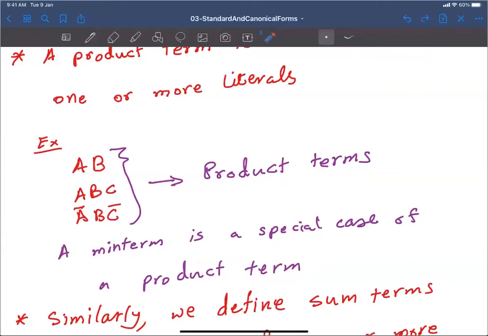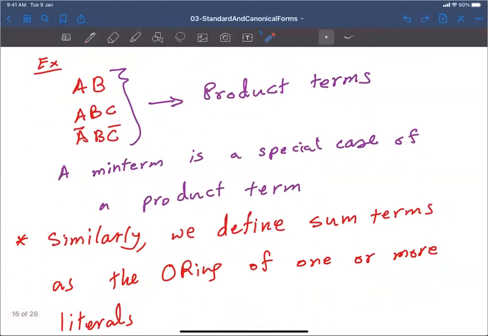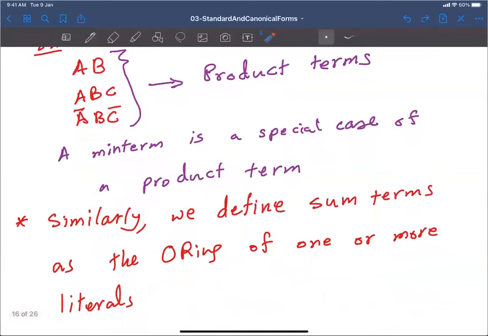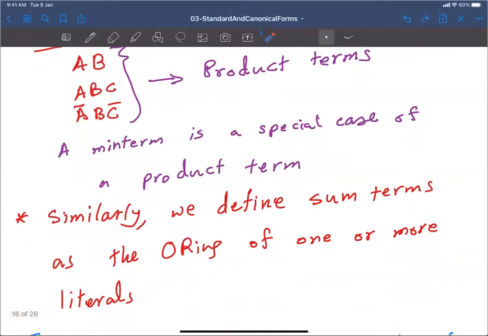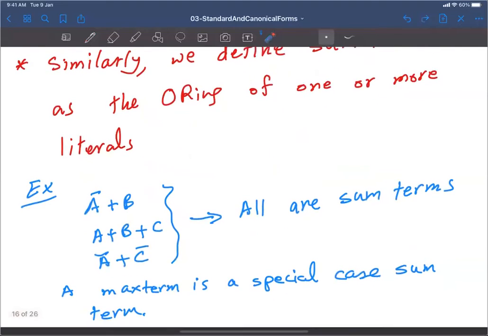We can define a sum term in the same way, as the ORing of one or more literals. These are examples of sum terms, and the max term is a special case of a sum term because, again, a max term is a sum term such that all the literals occur. But a sum term in general is just an ORing of some literals.